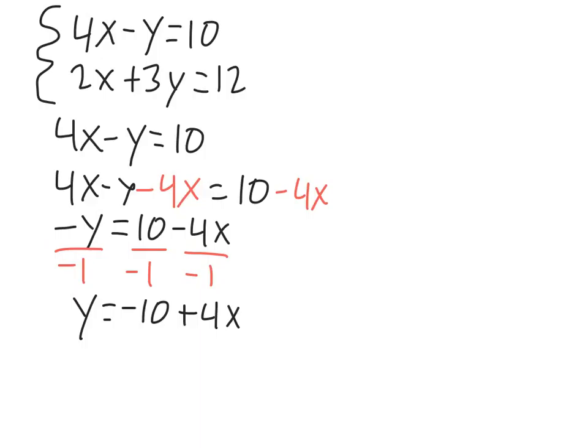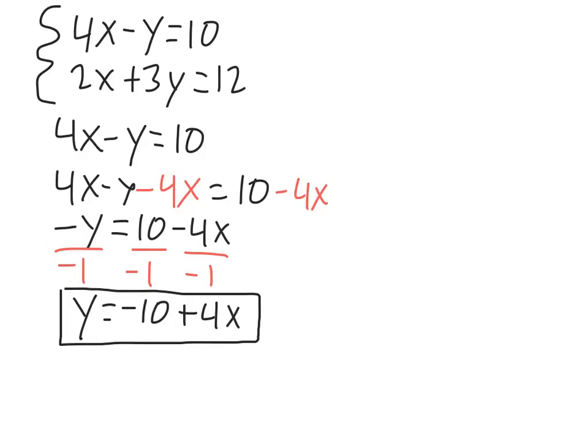By the way, just for a note, the other way you could do it is add y to both sides and then subtract 10 from both sides. Either way that you wish to do is perfectly fine. So now that you solved for y, put it in the box. Because remember, that's important.